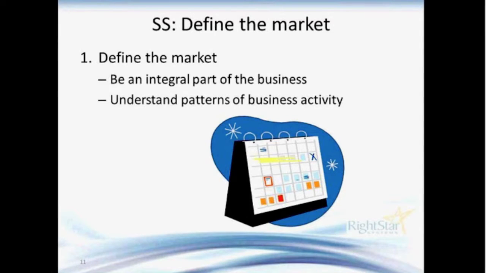So a lot of times when we work with universities, we do work over the summertime. Likewise, if we're working with a retail organization, we know that the Christmas season is going to be very busy for them, and they are going to need to have blackout periods for changes during those times of the year. So just understanding what the cycles are.